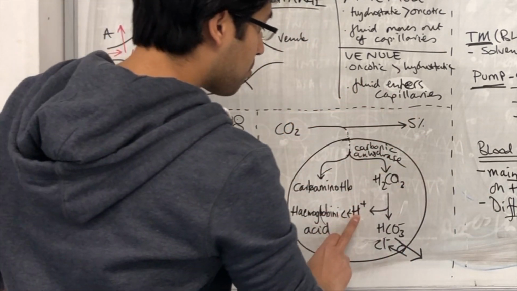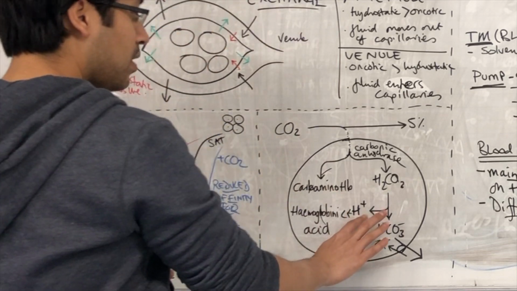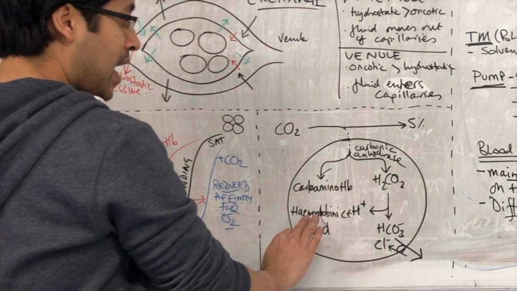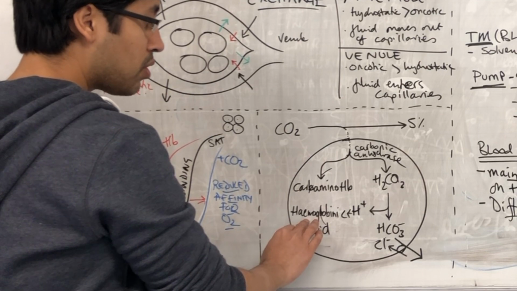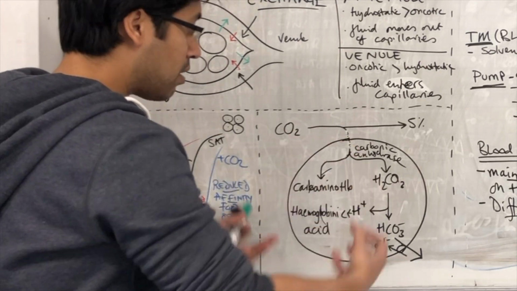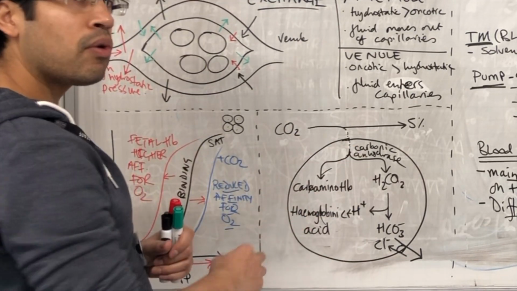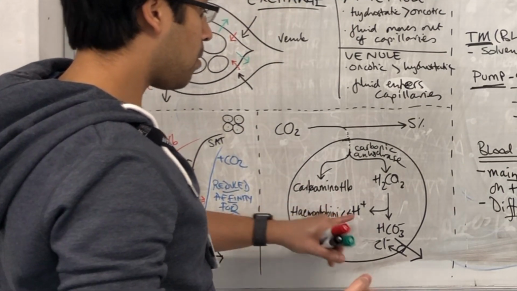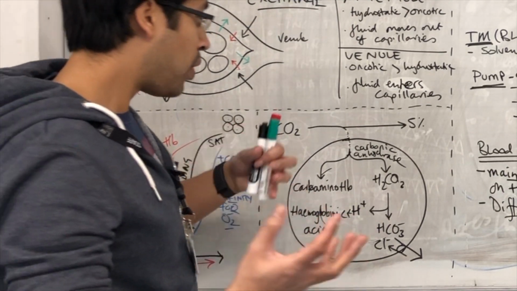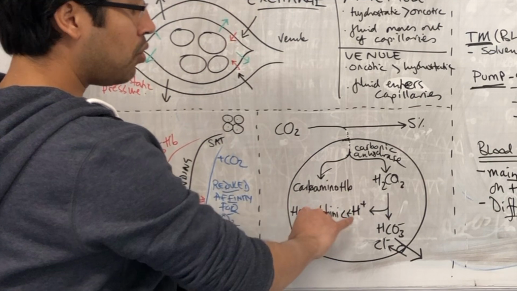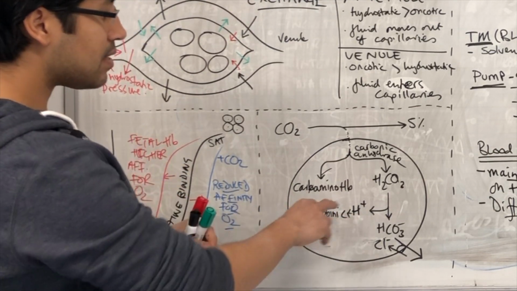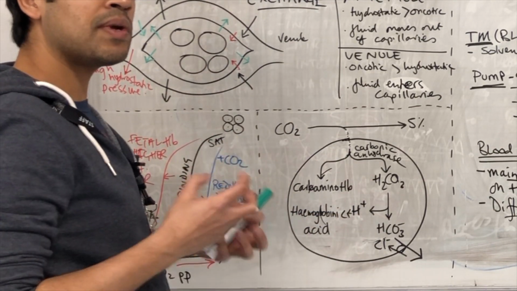What happens to the protons? Well, the protons actually attach to the hemoglobin, converting it into a form that's called hemoglobinic acid. What's the significance of that? The important thing that would happen as a consequence is that it changes the tertiary structure a little bit.